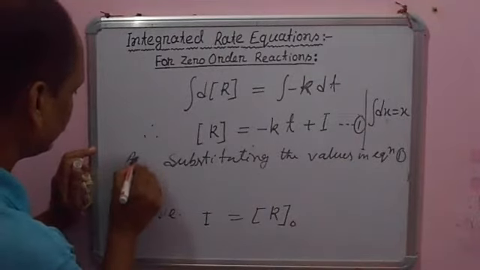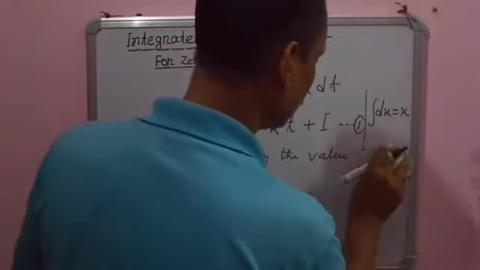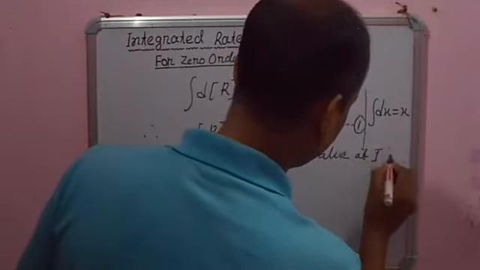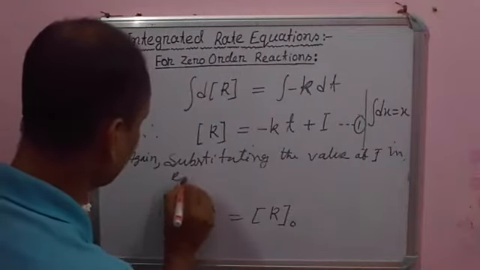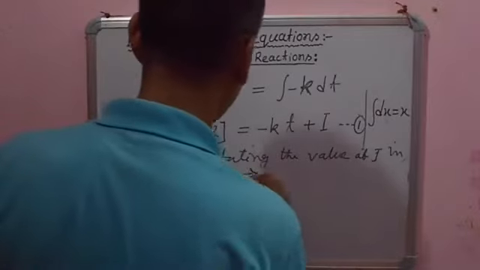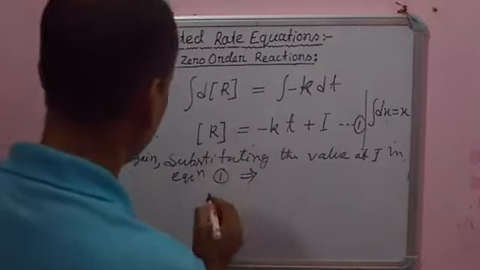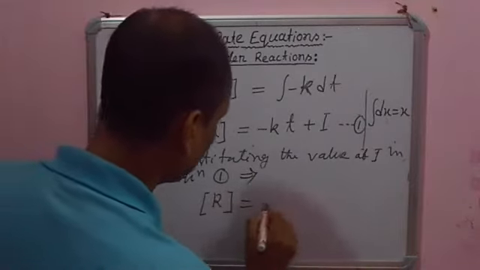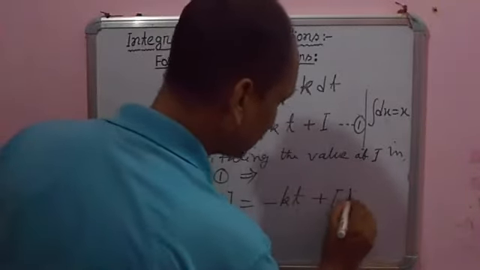Again, substituting the value of I in equation 1, we get [R] equals minus kt plus [R]0.